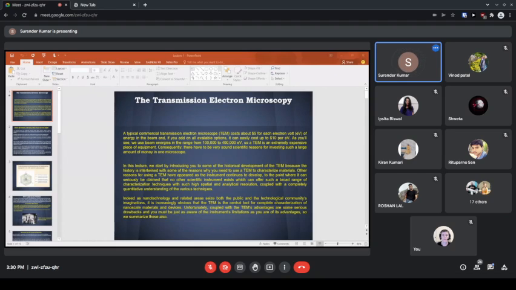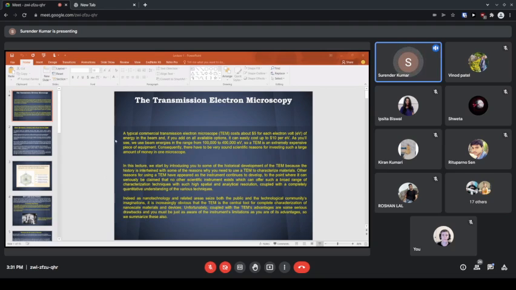Finally you have the sample, the electron passes through it, and the transmitted electron falls on a viewing screen, which is a photographic plate. We see a fluorescent signal basically.